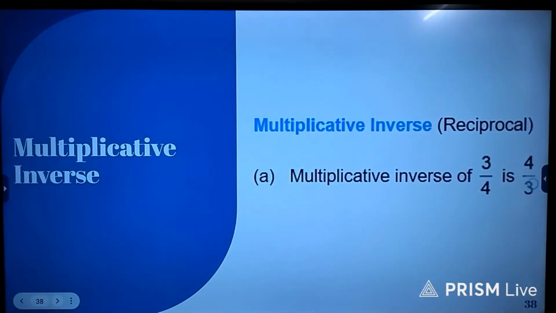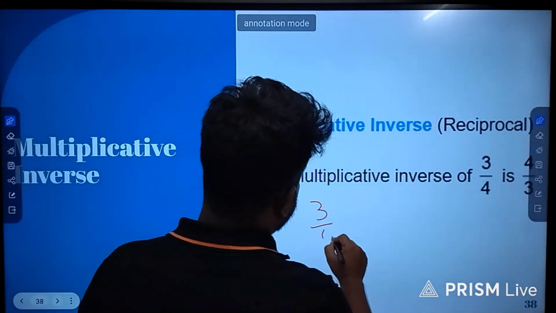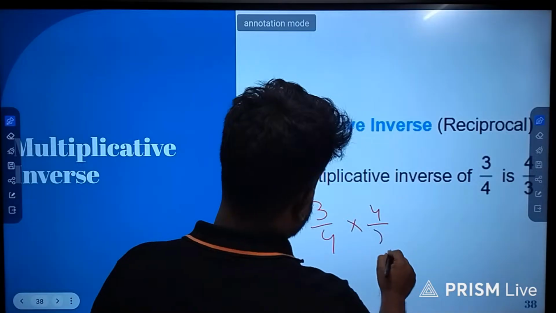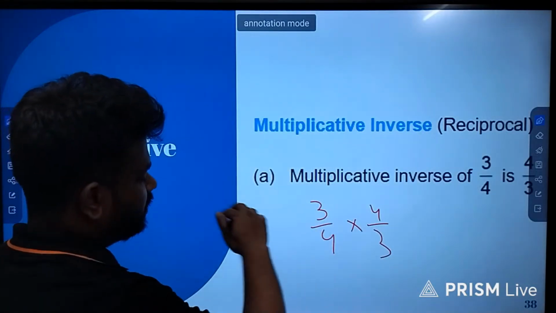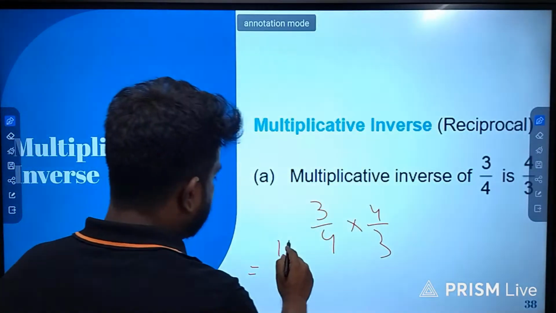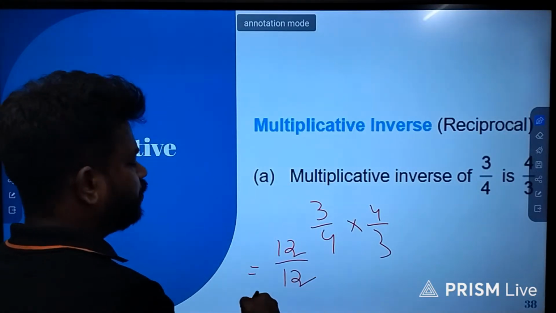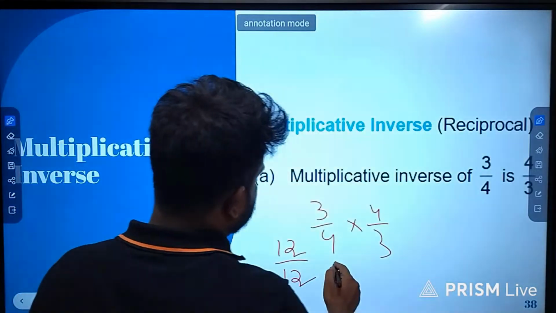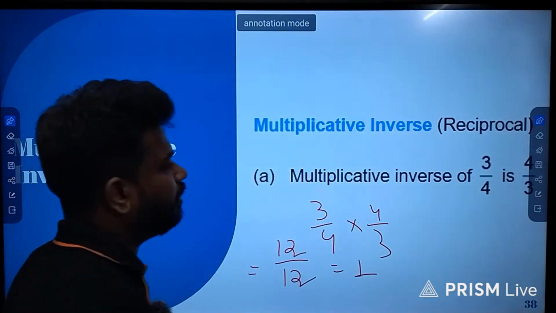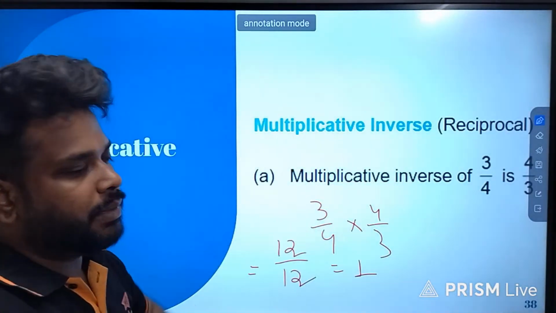So the next thing is, let's do a multiplication. We have to multiply 3 by 4 with 4 by 3. Just multiply the numerators, it will be 12, and multiply the denominators, it will also be 12. Now cancel these two out and we will have 1 as the multiplication.